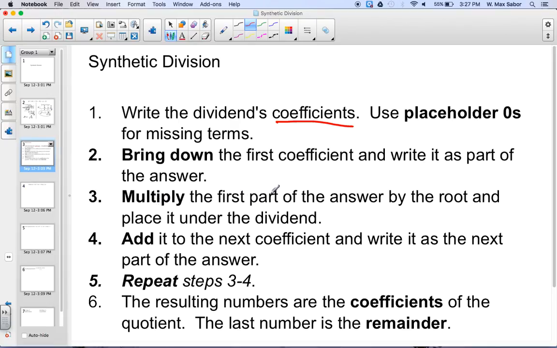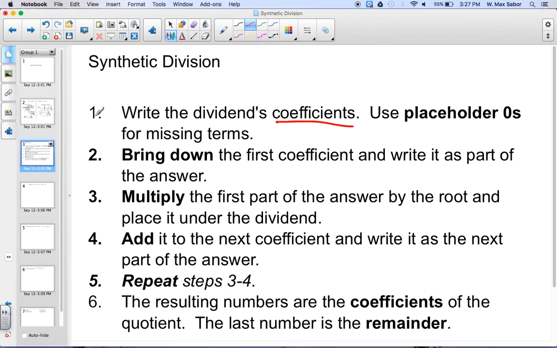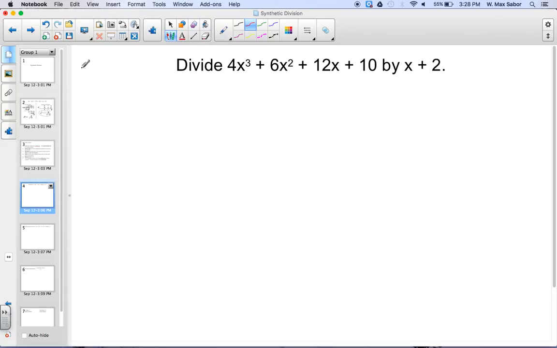Multiply the first part of the answer times that negative 2, and place it under the dividend, then add to the next coefficient. Generally, it's bring down, multiply, add, multiply, add. Repeat these steps, and then those are the coefficients. The last number is the remainder.